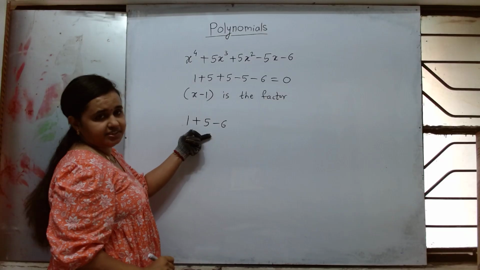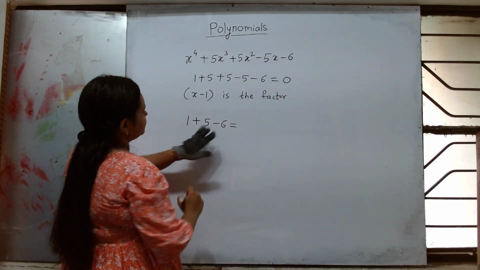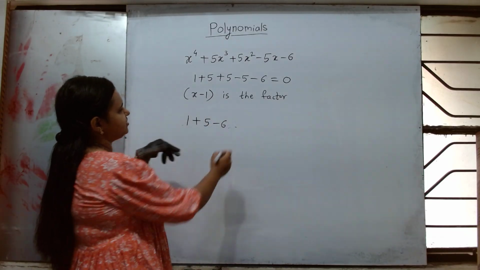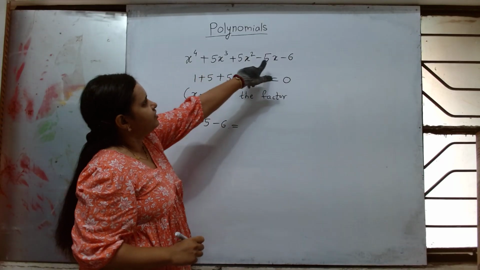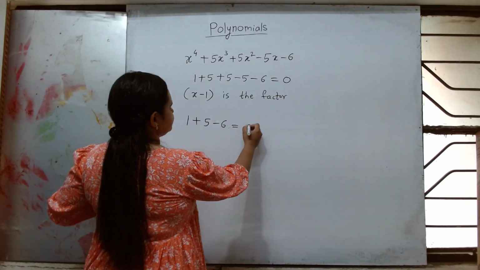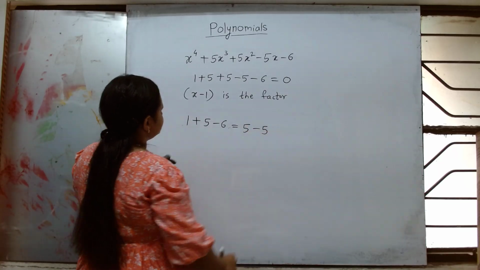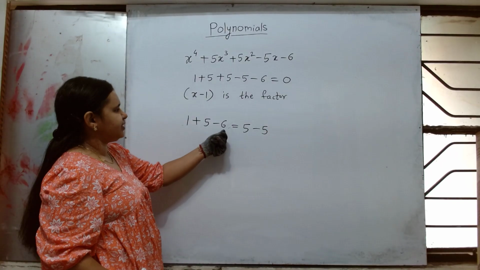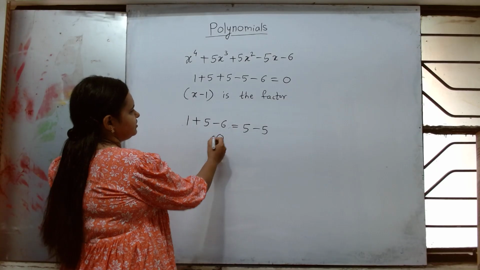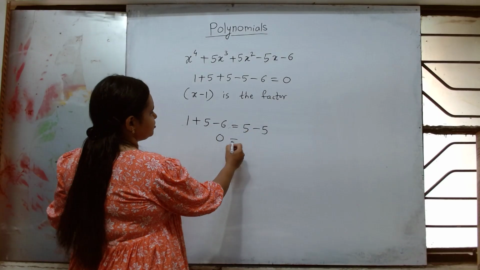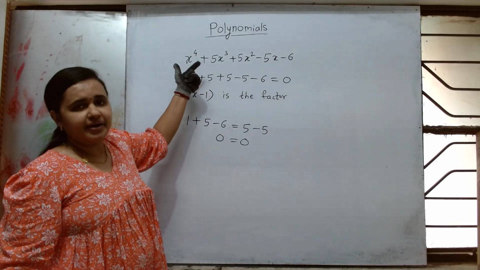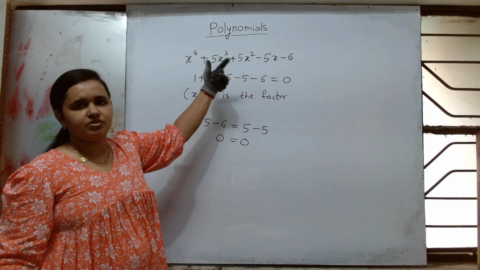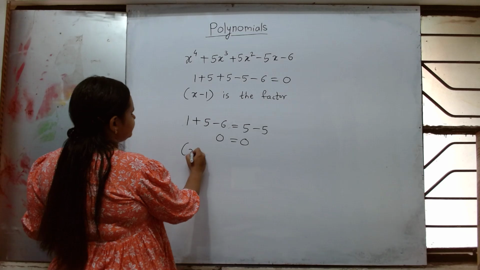Let us see, is the sum of even powers and constant equal to odd powers? Odd powers are 5 minus 5. 1 plus 5 is 6, 6 minus 6 is 0, and 5 minus 5 is 0. So even powers and constant sum is equals to odd powers. So x plus 1 will be the factor.